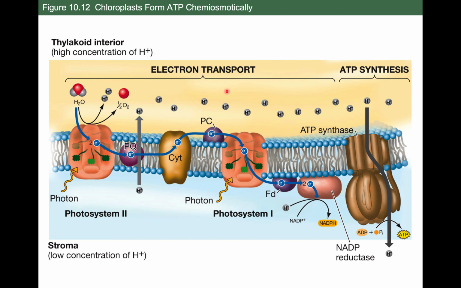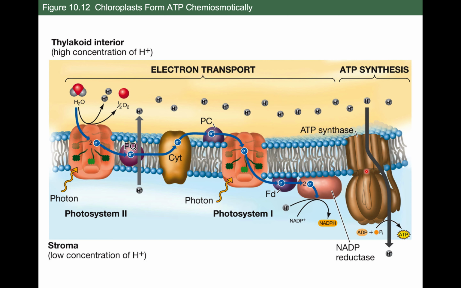Because those protons all have positive charges, they do not want to be next to each other. Like charges repel each other. Those protons want to get out of there, and the cell provides them a path to do so. Again, just like we saw in cellular respiration, in the form of ATP synthase, which is this enzyme that contains channels for the protons to flow back across the membrane.